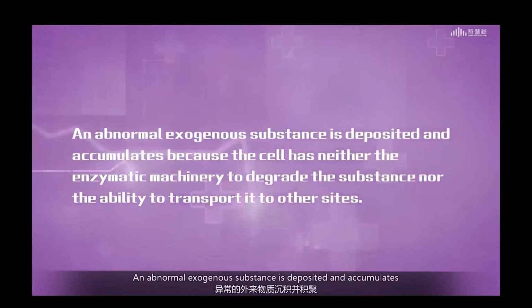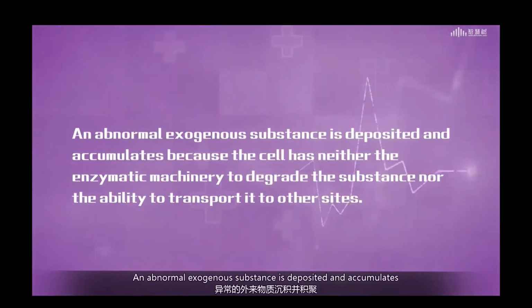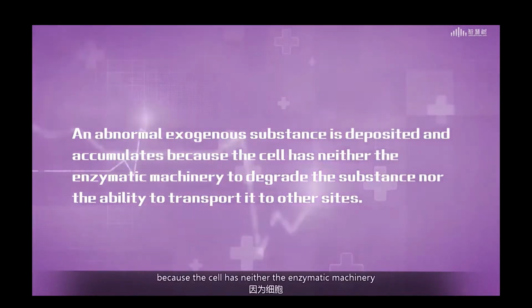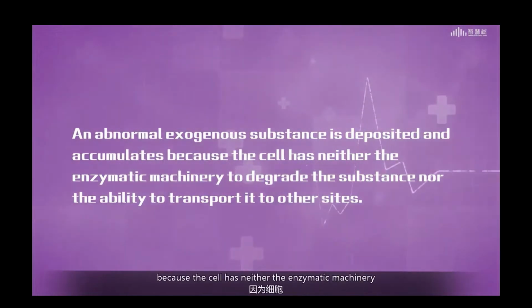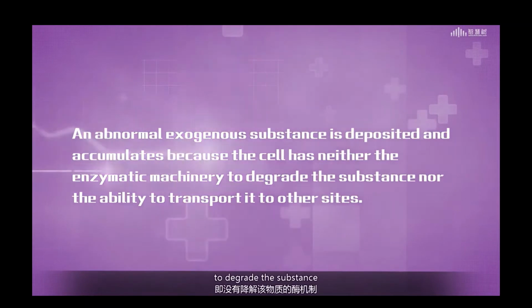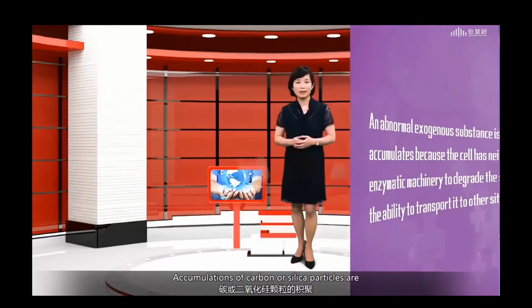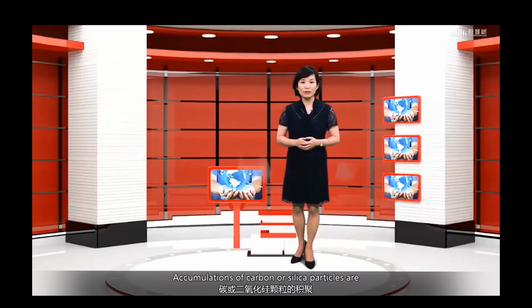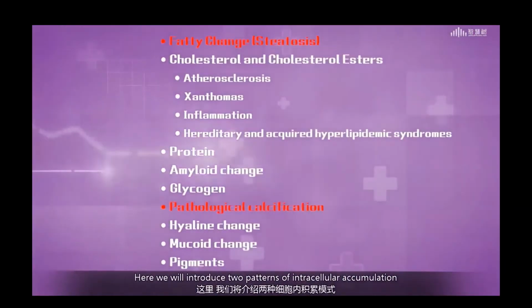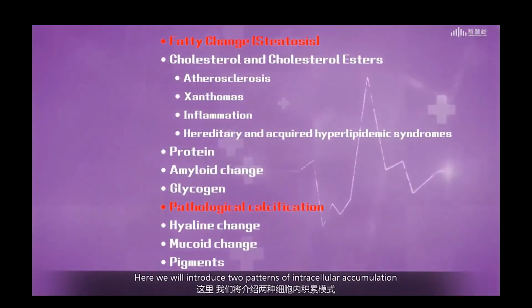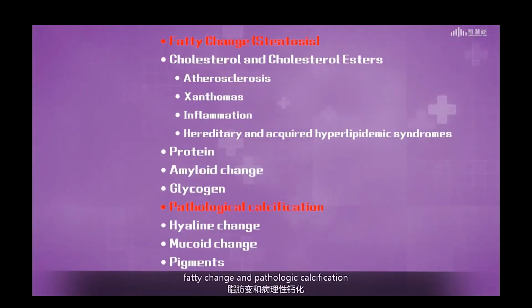Third, an abnormal exogenous substance is deposited and accumulates because the cell has neither the enzymatic machinery to degrade the substance nor the ability to transport it to other sites. Accumulation of carbon or silica particles are examples of this type of alteration. Here, we will introduce two forms of intracellular accumulation, fatty change and pathological calcification.